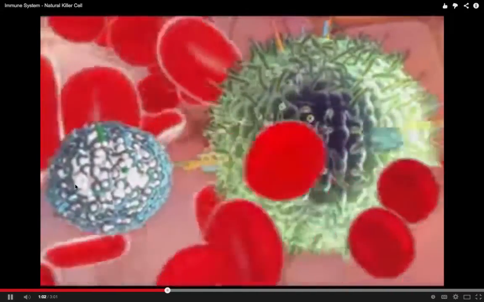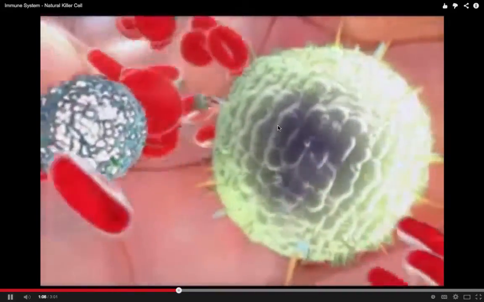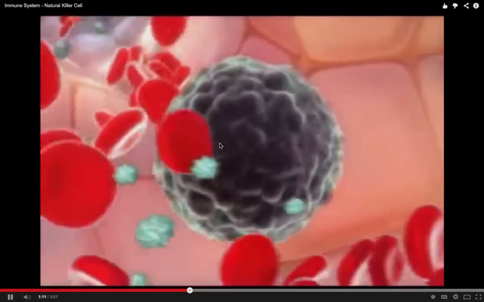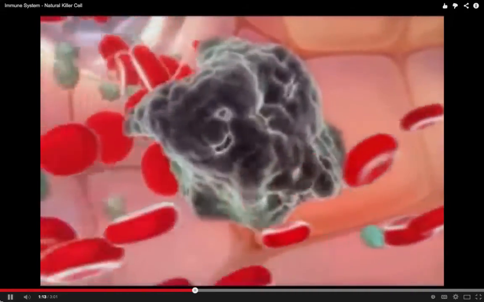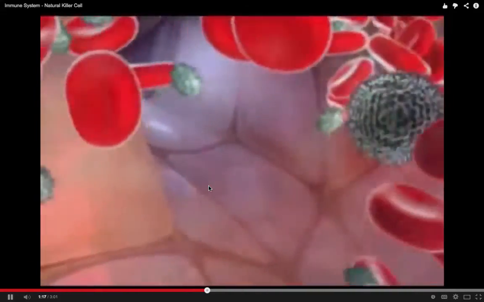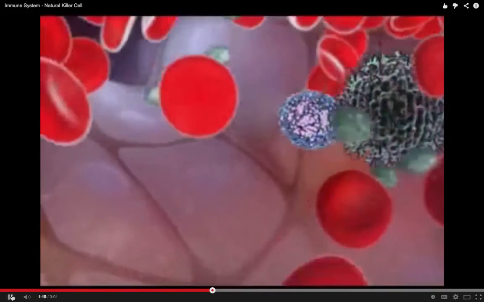See how it's releasing from this natural killer cell here on the left, it's releasing all these chemicals to this cancer cell. Now it leaves to find another one. And see what happens here? It causes this cell to undergo apoptosis, that one word we introduced. And now that cell just slowly disintegrates, and this particular video doesn't show, but what happens is other cells will come along, macrophages, and eat those up. Now let's go back to the PowerPoint slide.